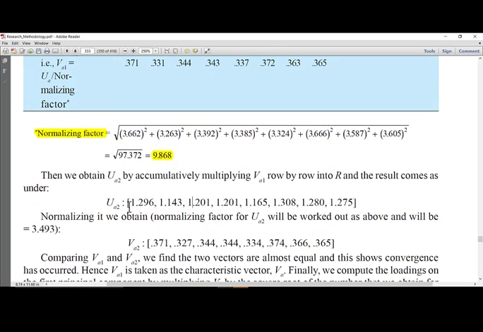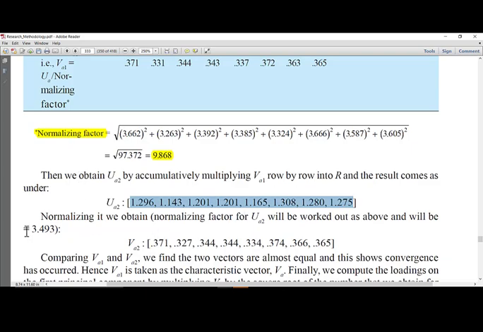Now how do we obtain the normalized values? Similar to the previous, we find the normalizing factor. You take the UA2 values and square them: 1.296 square plus 1.143 square plus 1.201 square etc. plus 1.275 square, whole under square root.